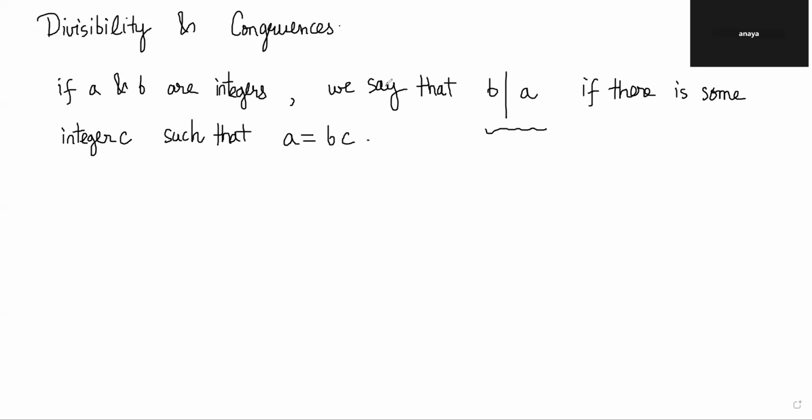So this notation means B divides A, or we can also say that A is divisible by B. And the condition is that A is equal to BC, where C is some integer, right?